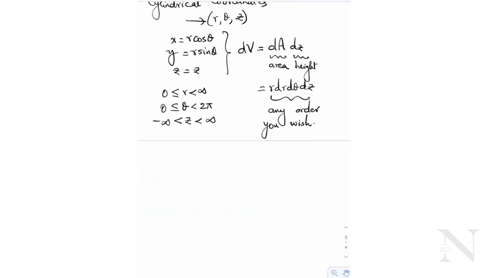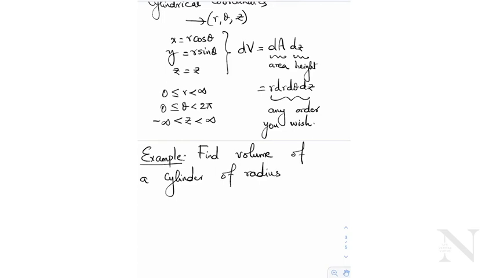Before we start doing more fancy things in the worksheet, find the volume of a cylinder of radius capital R and height capital H. And I hope all of you know what to expect out of this.